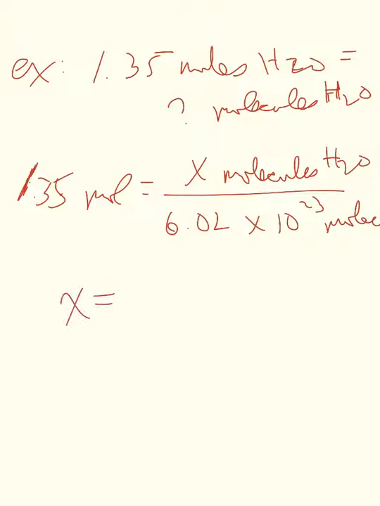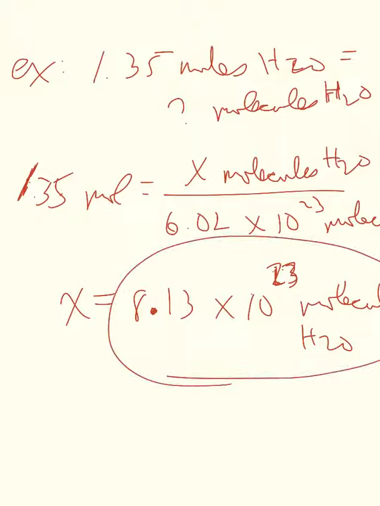Okay, and then I just solve for x, so I'm multiplying those two together. I got 3 sig figs, so this is going to be 8.13 times 10 to the 23rd molecules of water.